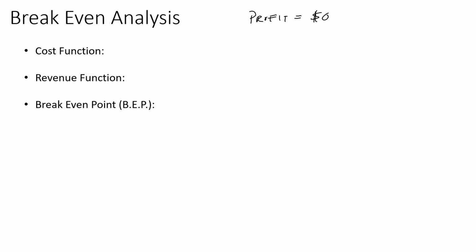So we have two types of functions for money coming in and money coming out. The cost function is represented by C of x, and it is the fixed cost plus a variable cost.